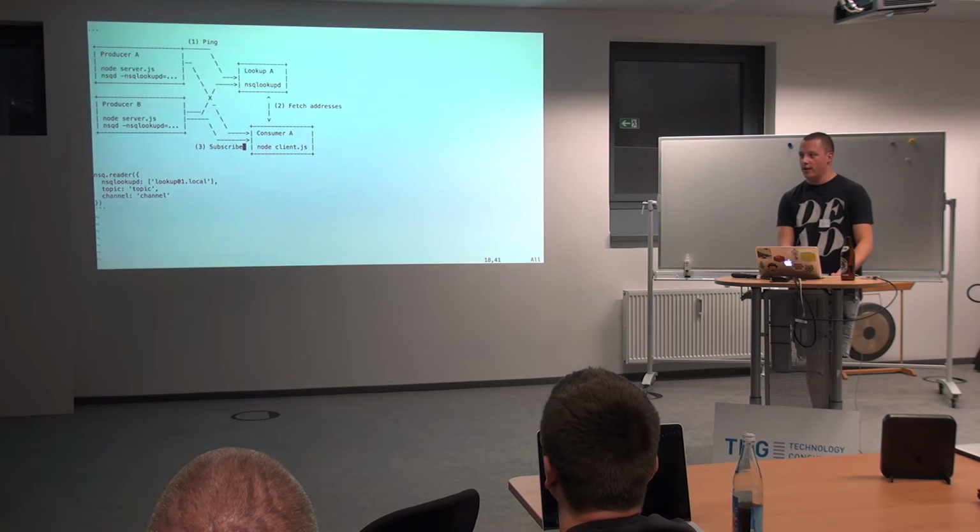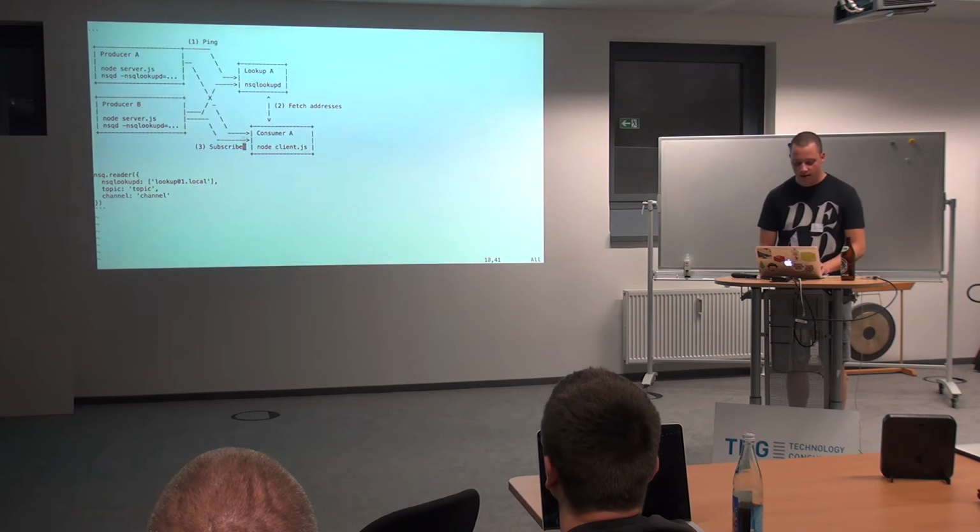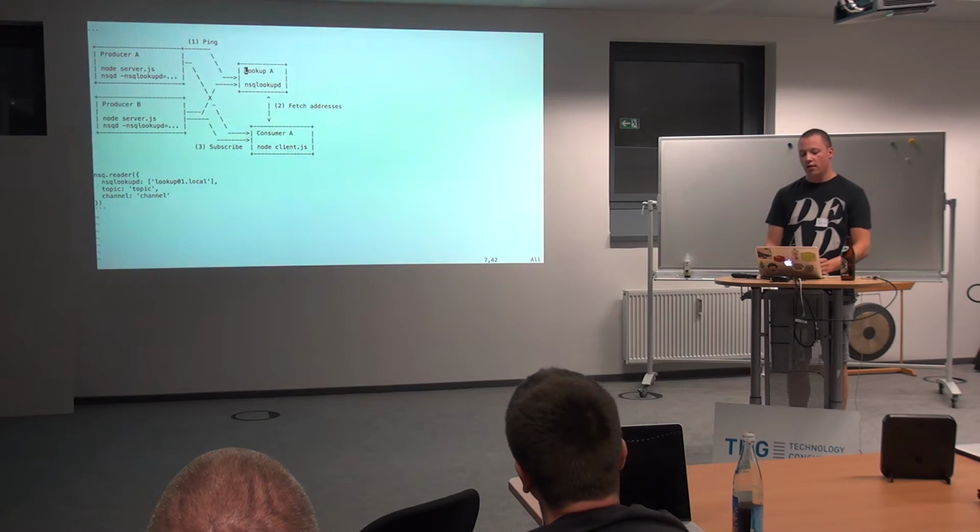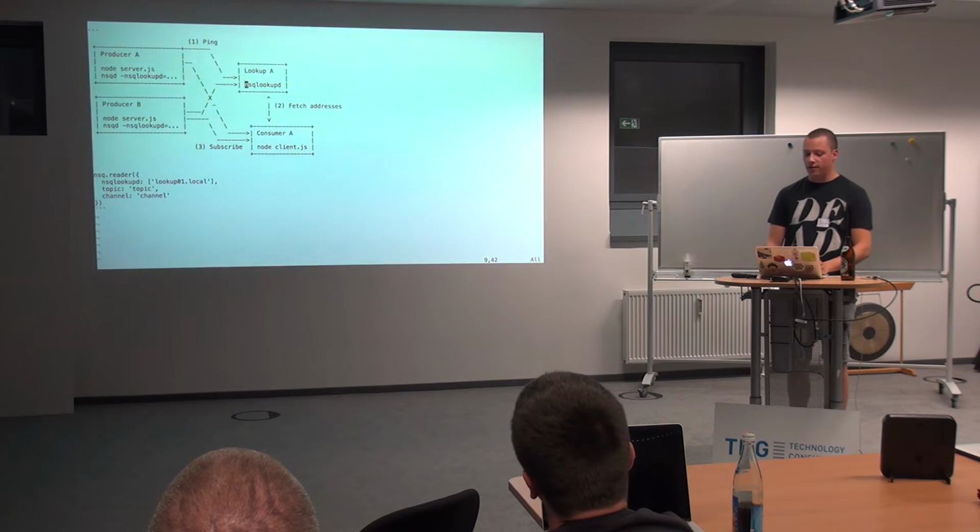Now, that's very helpful from an ops perspective, because only once when you introduce NSQ to your infrastructure, you set up those 5 NSQ lookup Ds instances on different machines, obviously. You give them all a DNS address, and then you don't need to configure much anymore.